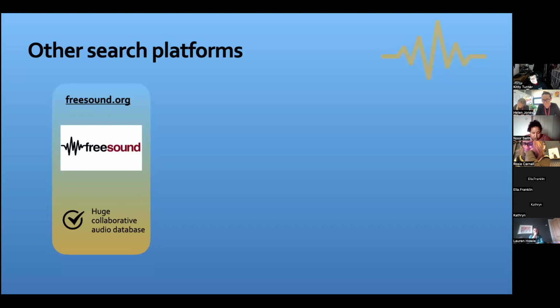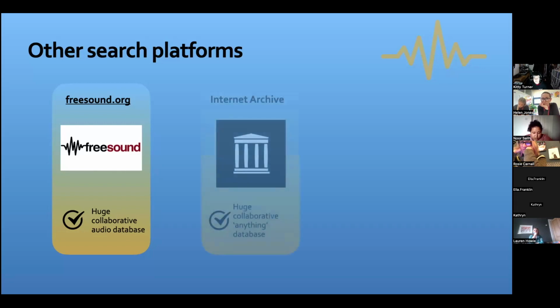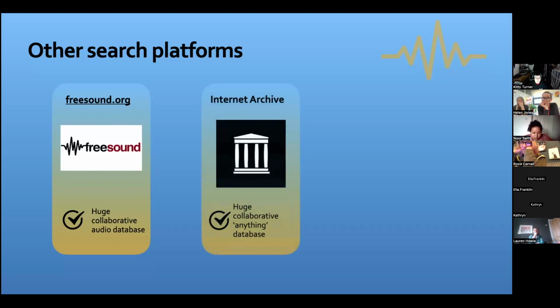And most of these are released under the Creative Commons license that allow their reuse. Now, this is, like I said, a collaborative database, and you need to register for free to use it. But they really encourage you to get involved and to use and to reuse. So get involved and upload your sounds. Share them and let other people use them. I'm going to give you a little demo of that in a minute as well.